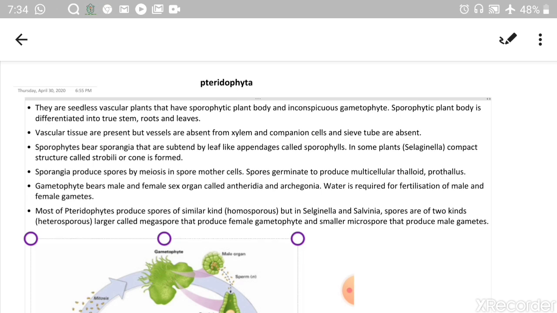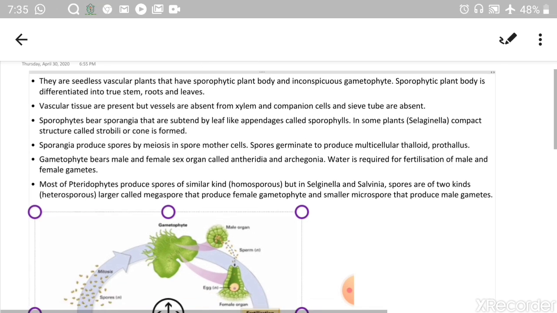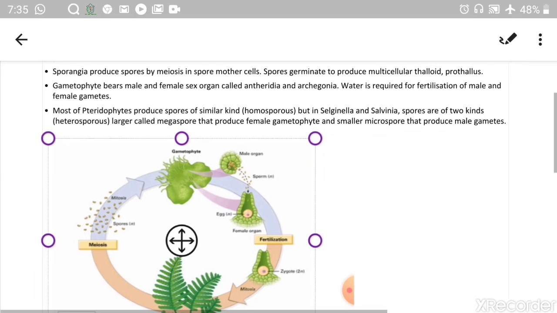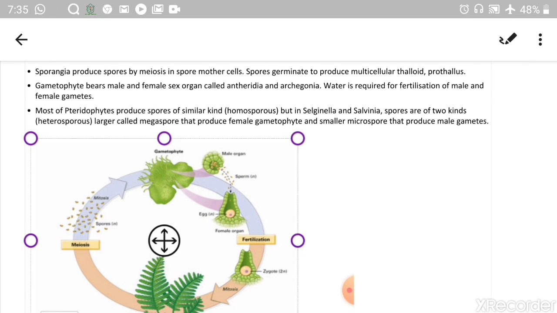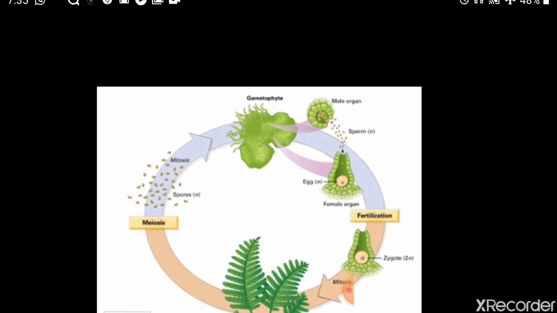The gametophytes bear sex organs, male sex organs and female sex organs. Male sex organs are called antheridia and female sex organs are called archegonia. Here in the diagram you can check the male. Here it is gametophyte, which is thalloid structure.